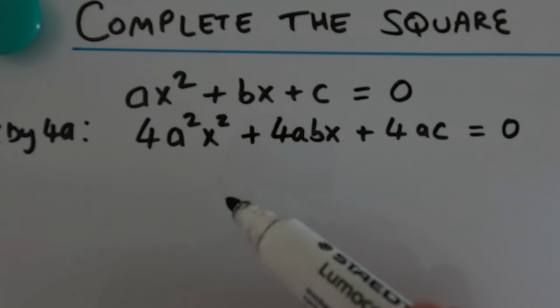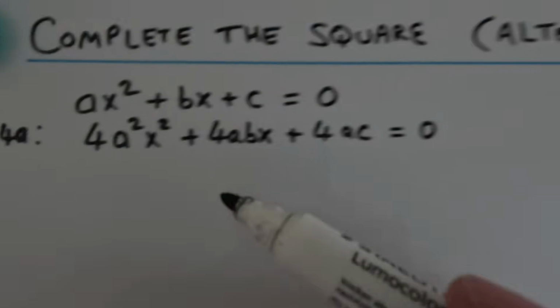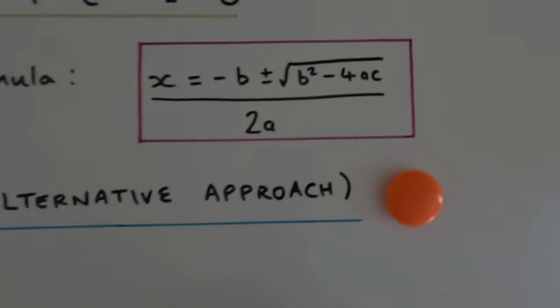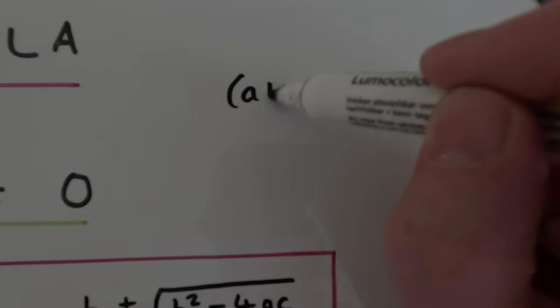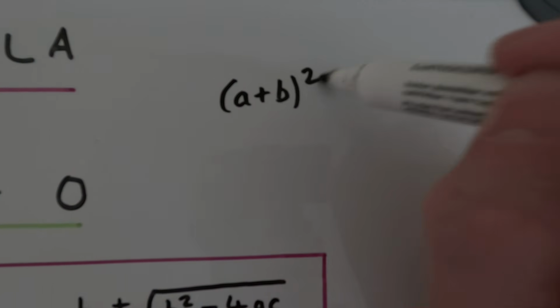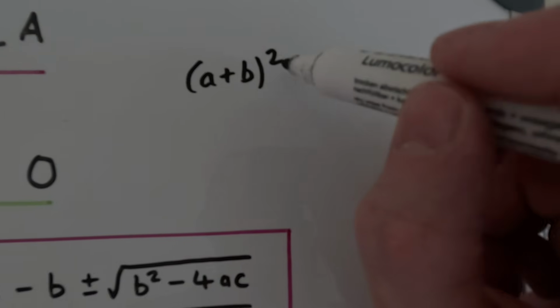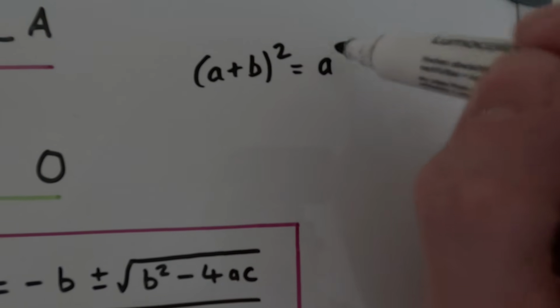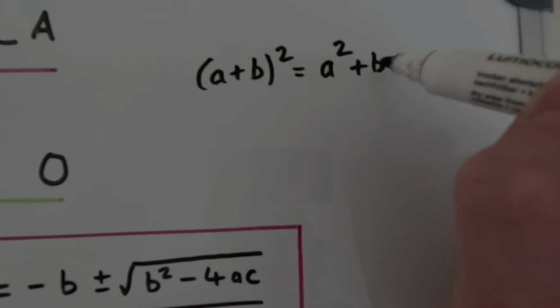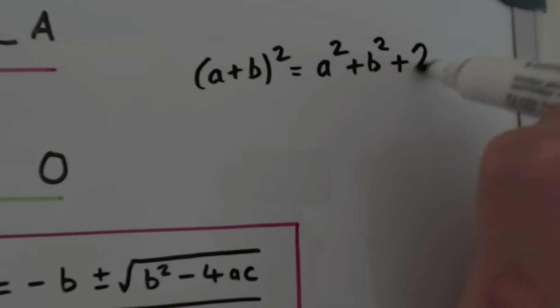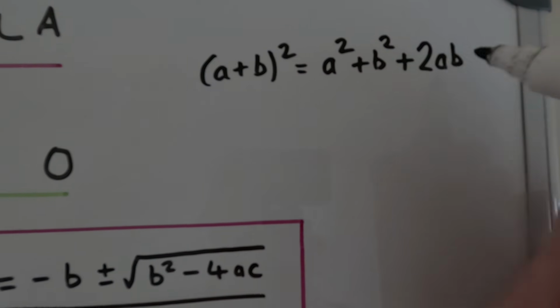Okay, now as a side note, you should know from algebra that a plus b squared, where a and b is any number, is equal to a squared plus b squared plus 2ab.